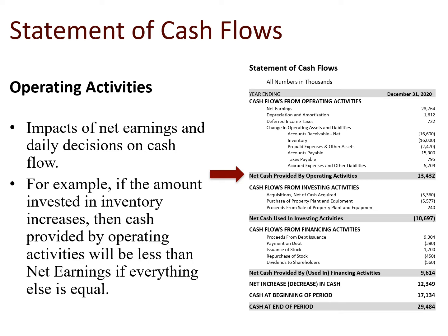For example, if the amount invested in inventory increases, then cash provided by operating activities will be less than net earnings, if everything else is equal. Anything that impacts net earnings, anything to do with increasing accounts receivable, inventory, prepaid expenses, accounts payable, taxes payable, and similar things, has an impact on net cash provided by operating activities.